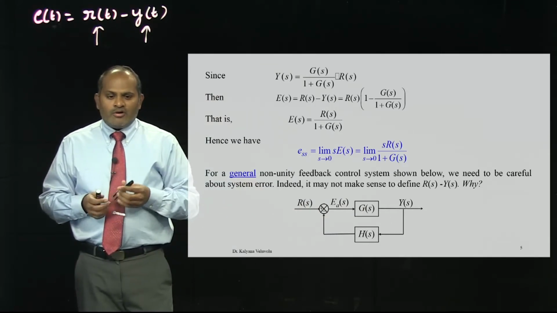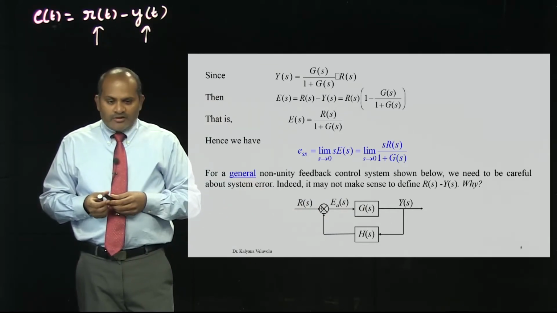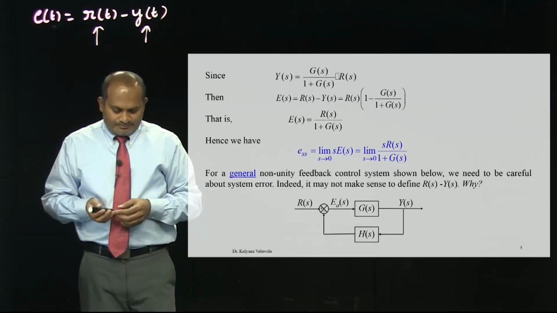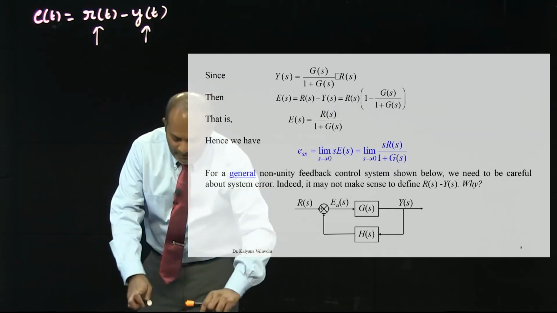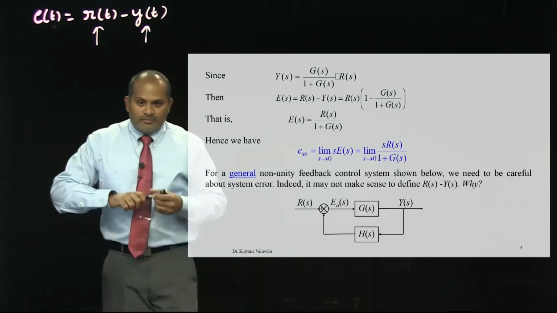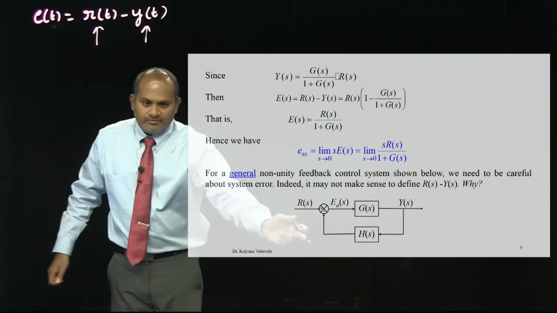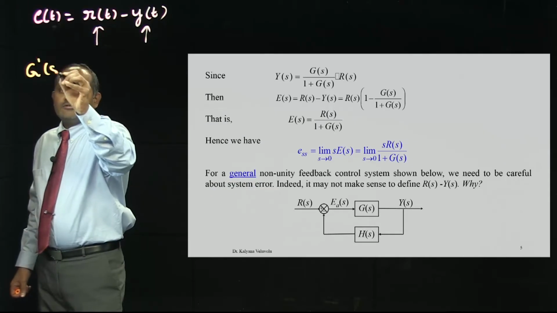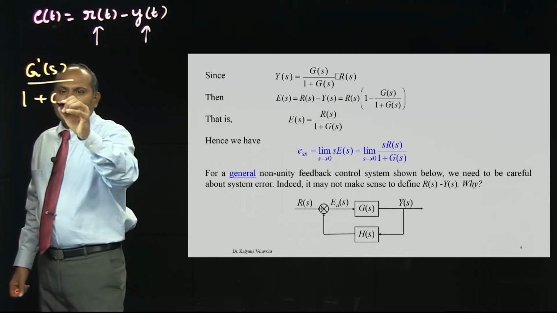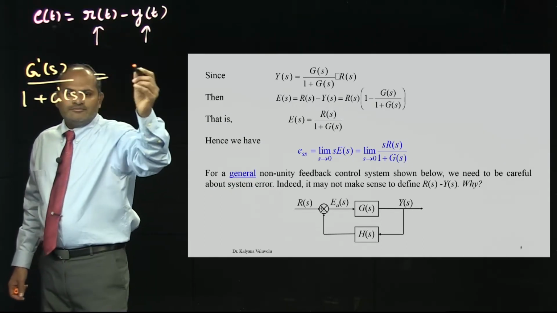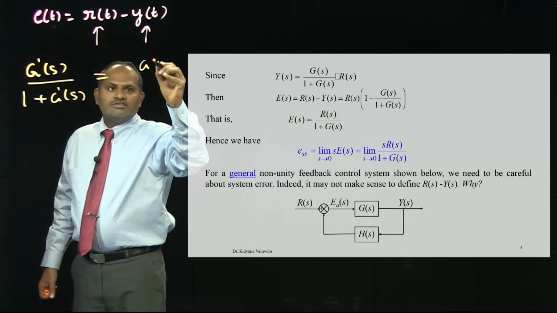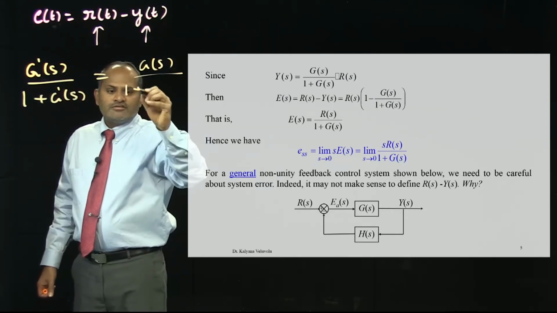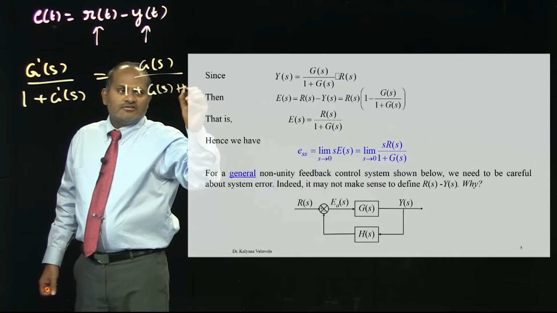If you are wondering how, it is very simple. You can take a new system and equate it: G dash of s by 1 plus G dash of s is equal to G of s by 1 plus G of s H of s.